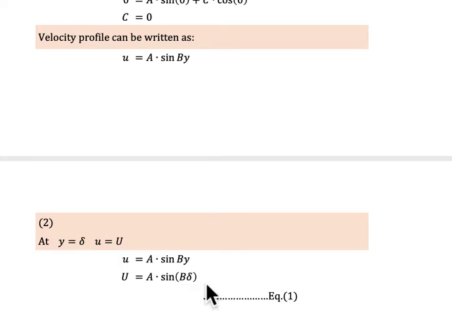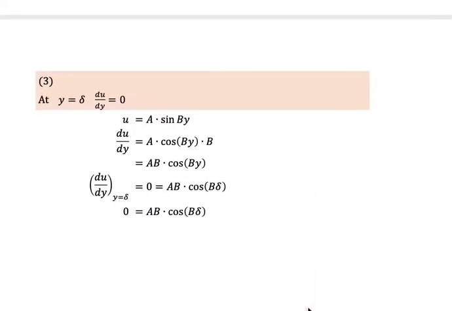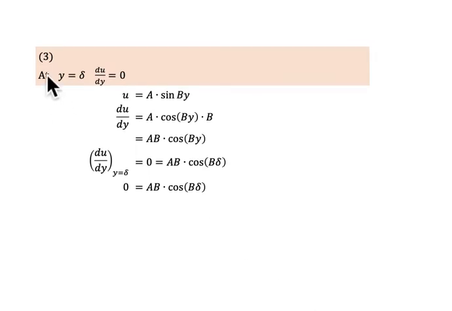We name this equation number 1. At the same point, point number 2, we have the third condition, which is at y equal to delta, du over dy is equal to 0.